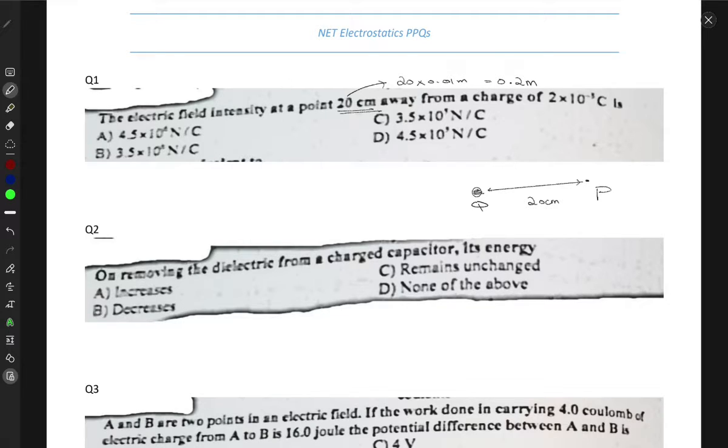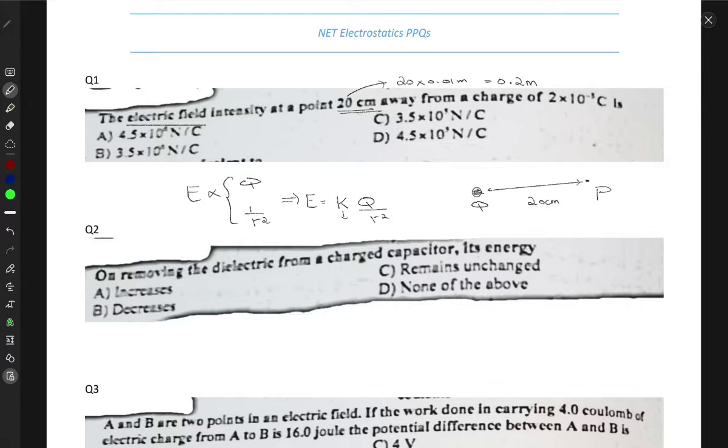Now we know about electric field that it is directly proportional to the charge that is going to produce this electric field. Let's call it capital Q. And we know that it obeys the inverse square law, so it is inversely proportional to R squared, which means the electric field expression would look something like a constant multiplied by Q and divided by R squared.